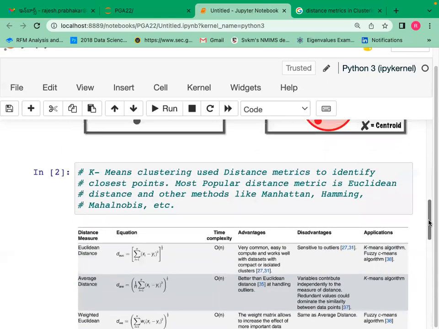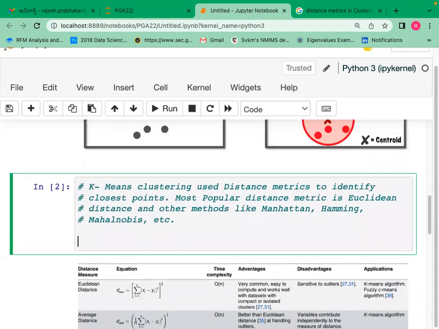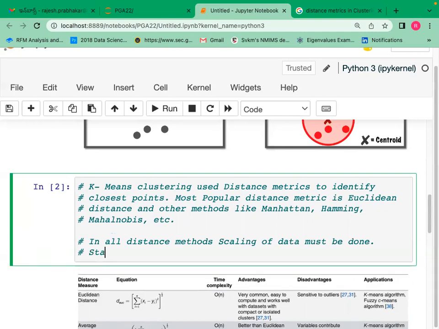Now, how can we deal with the outliers? In all distance methods, scaling of data must be done. What is scaling? Remember, standard scaler. Before doing any calculation, we can scale the data, like how we did in KNN, remember?